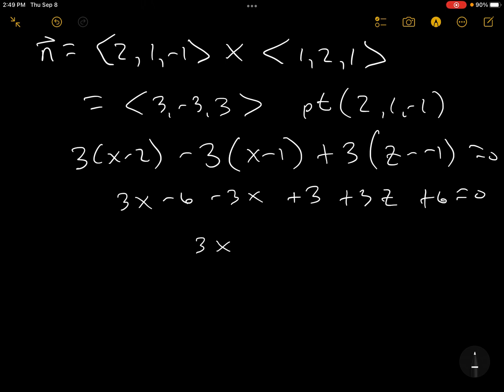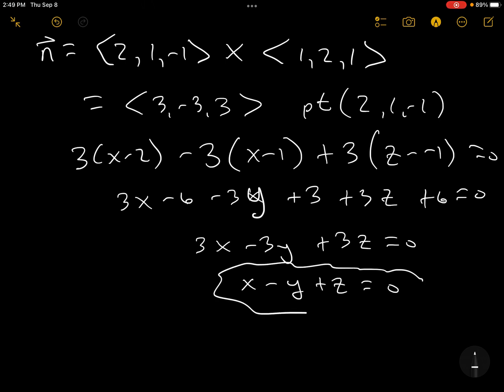Wait, that should be a y, sorry. 3x minus 3y plus 3z equals 0. And let's just clean it all the way up to that. Okay, that was problem 3.